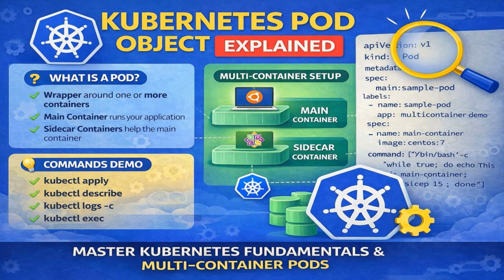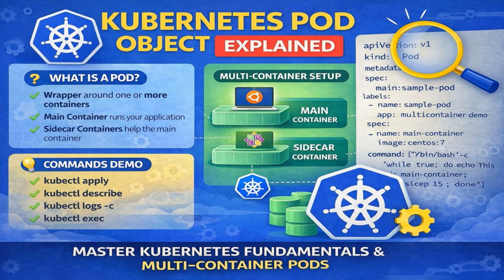In Kubernetes, a pod is a wrapper around one or more containers. If you see the manifest file on the right side of the image, under spec we can have one main container and one or more sidecar containers.